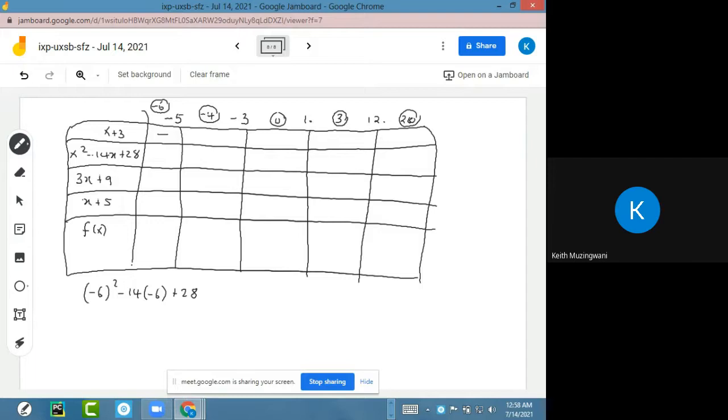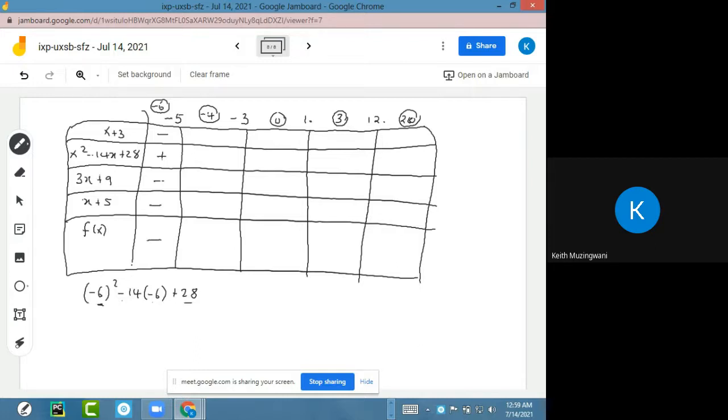This will be positive throughout because we are squaring it. There are 2 negatives there, then there's a positive to be added. Then 3 times -6 is -18 plus 9, you get -9. Negative here again. Then multiplying, positive times negative gives negative.